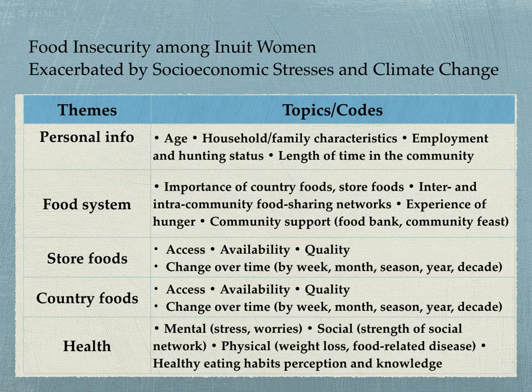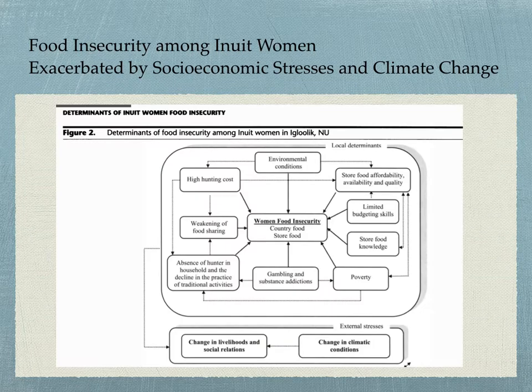Now, I would say that the methods section in this paper is not great because it doesn't really describe clearly how the codes came into the themes, but it does seem by reading between the lines that this was a deductive approach.